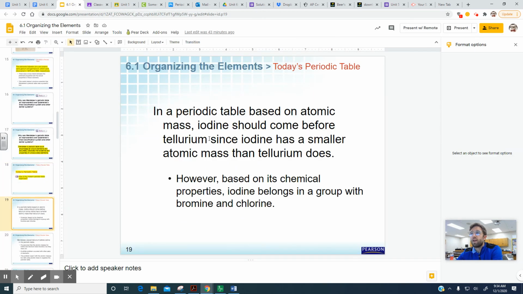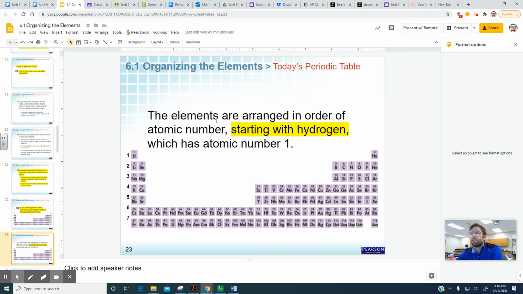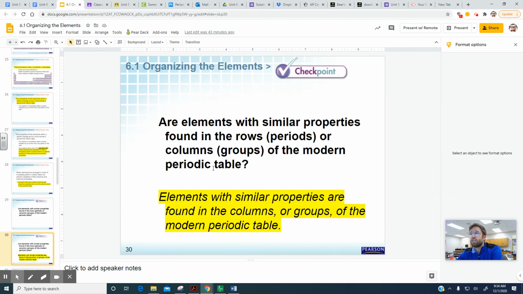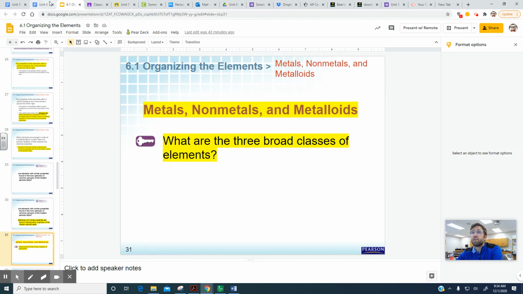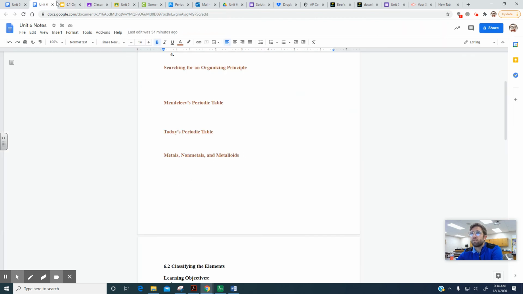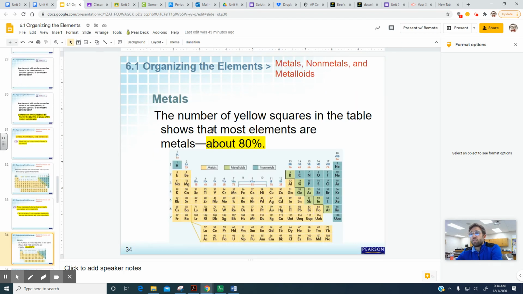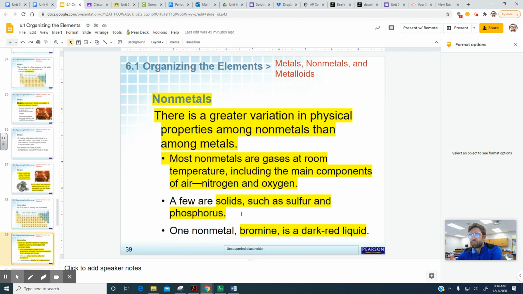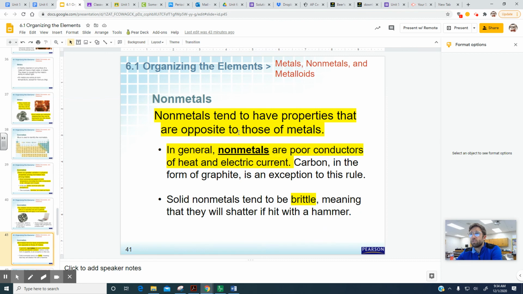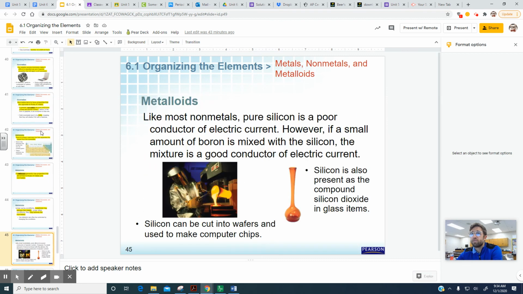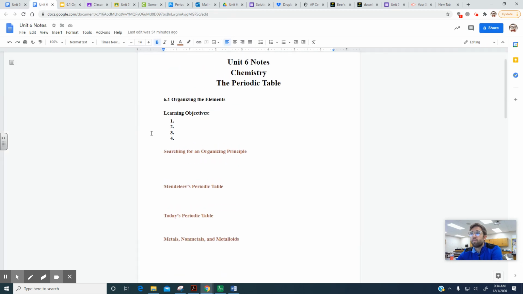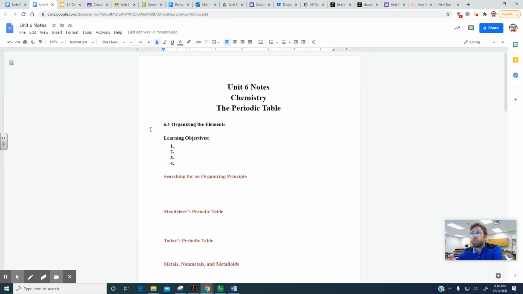Then when you get to the last part, metals, nonmetals, and metalloids, you want all that stuff. That is what you need to type in. Hopefully that makes sense.